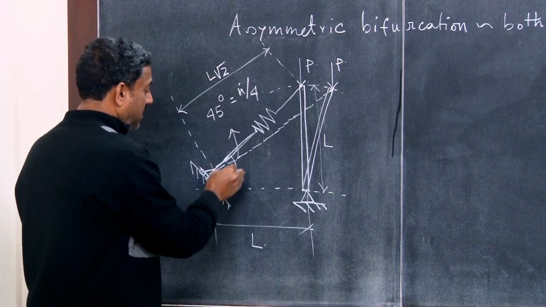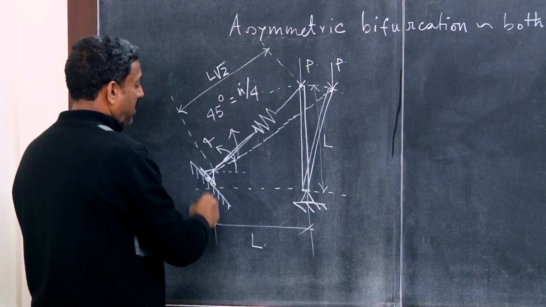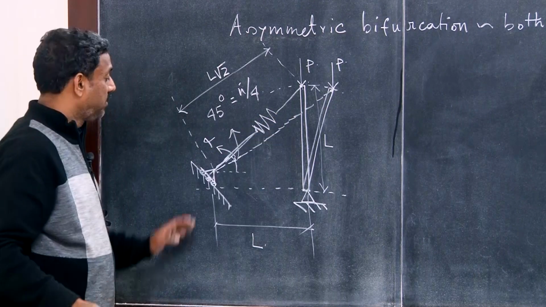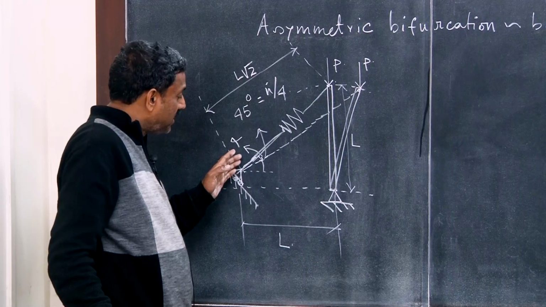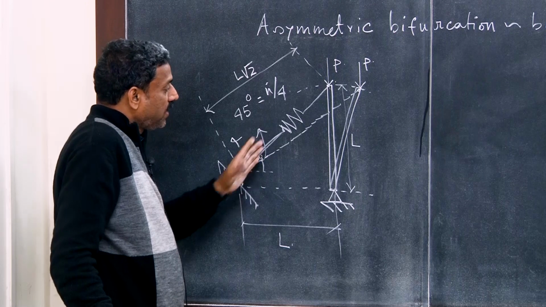We are assuming that initially maybe there is some imperfection, this imperfection is alpha, and then after that there is theta. Initial imperfection is alpha, and then the perturbation is theta. Okay. So, you can understand.